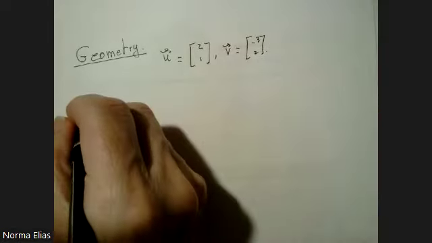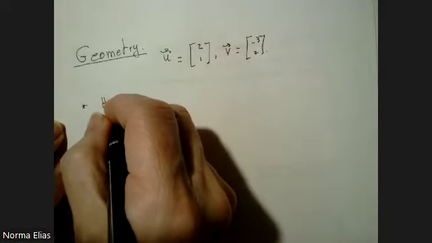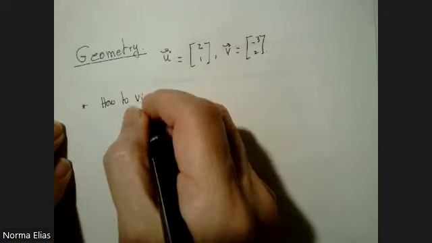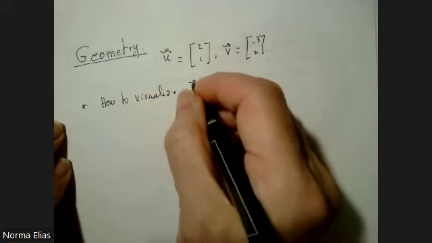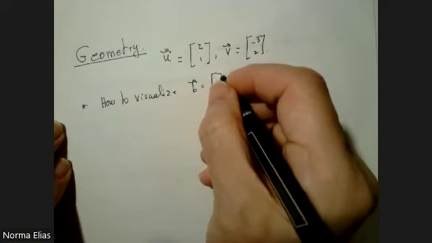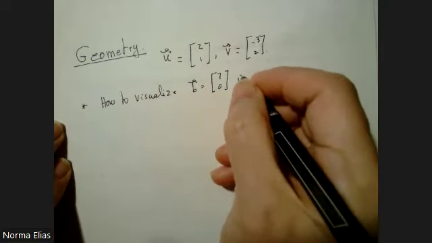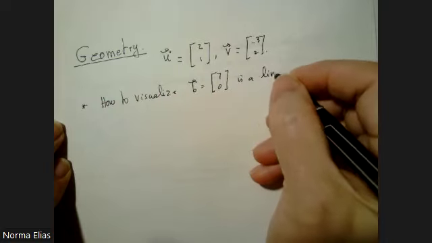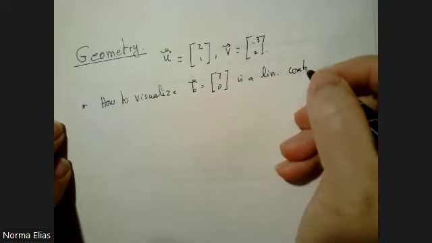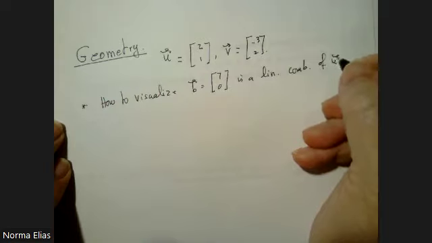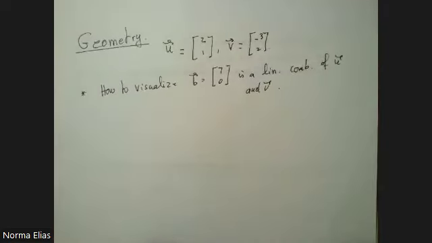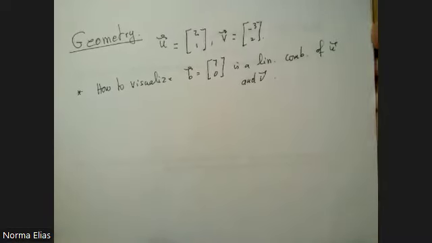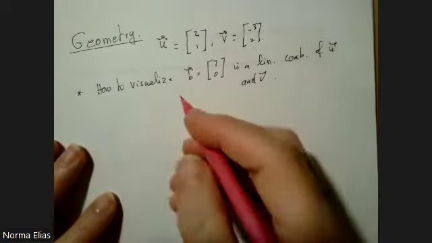And my goal is to visualize that the vector B, which is (7, 0), is a linear combination of U and V.